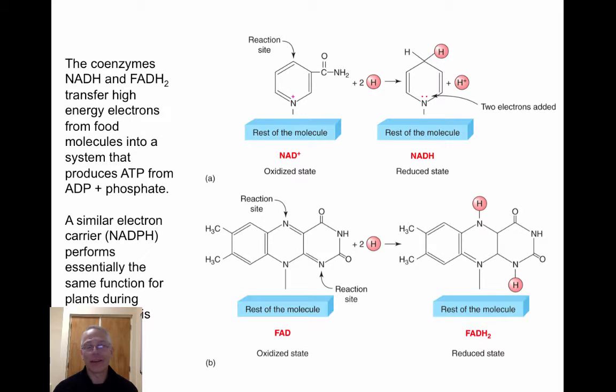And flavin adenine dinucleotide. No wonder we call it FAD. These are the electron carriers that can help the enzymes in our respiratory pathways take away high energy electrons from food molecules like glucose and use them to help drive the production of ATP.